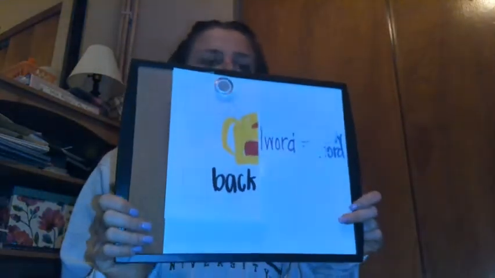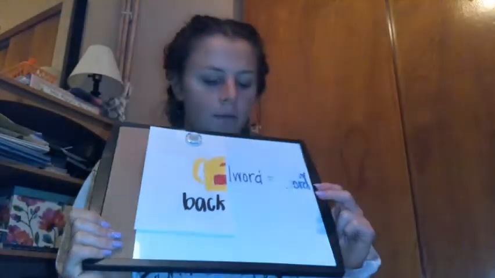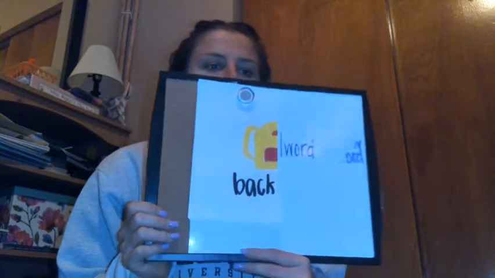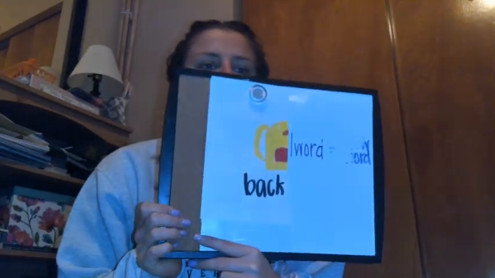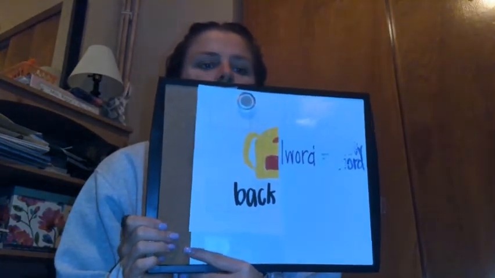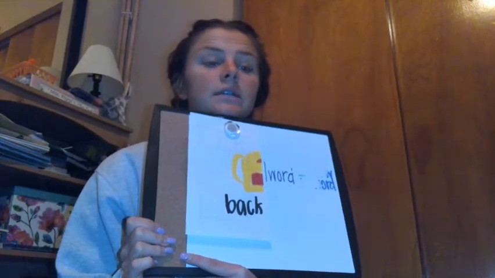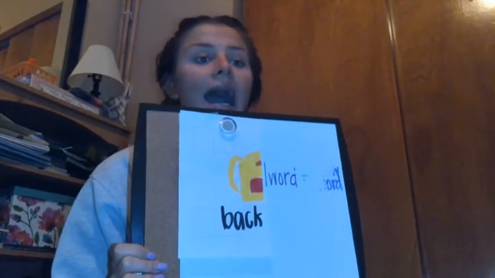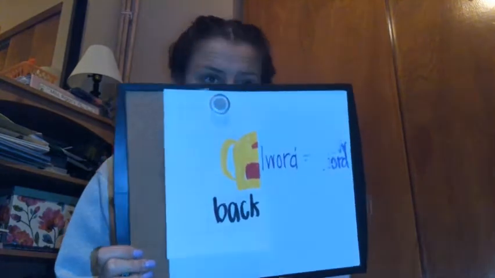So the first word in my compound word is back. And I know it's ack, but ack. CK, remember, as a blend, it says k together. It's just back. I'm going to try to blend those sounds together. And then I'm going to add another one.